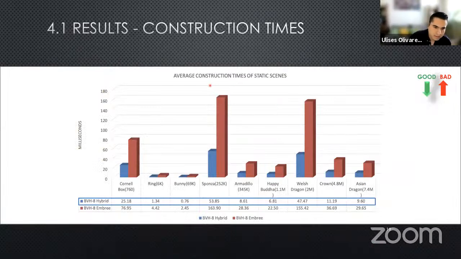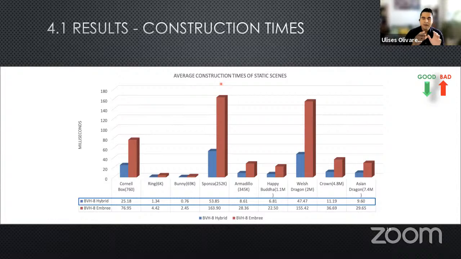Our implementation is denoted by the blue color. In all the cases, we're analyzing three metrics: construction times, frame rate, and the number of intersections per box and per primitive. Those are the main metrics you need to evaluate if you want to analyze how efficient an algorithm is.